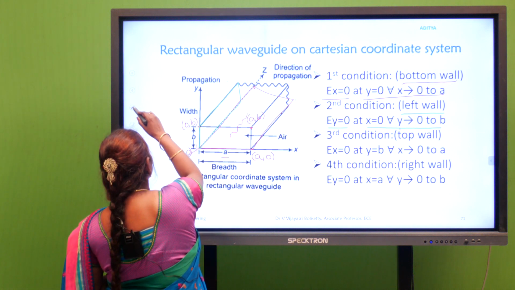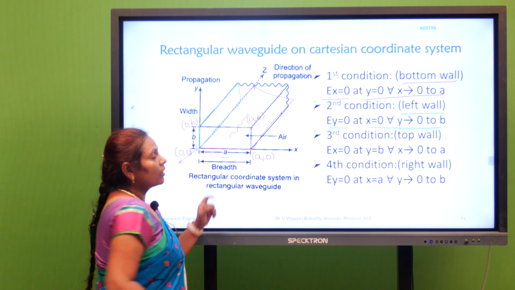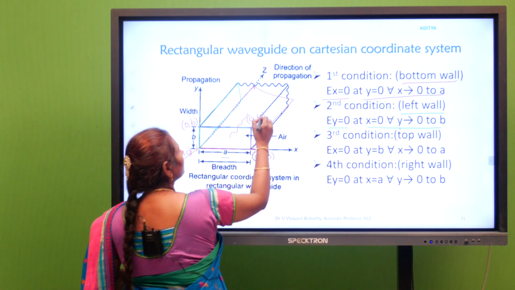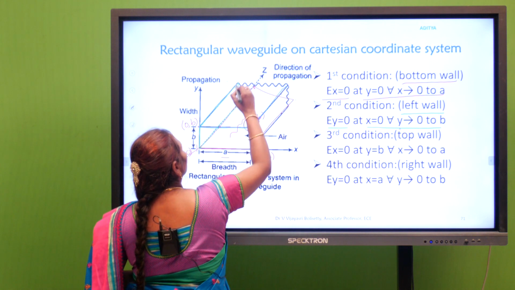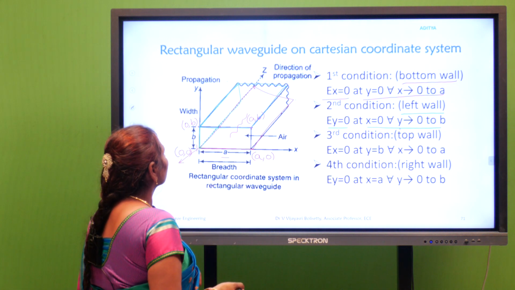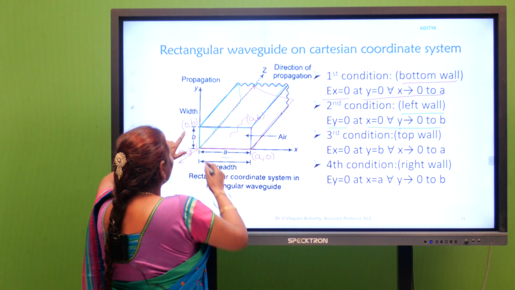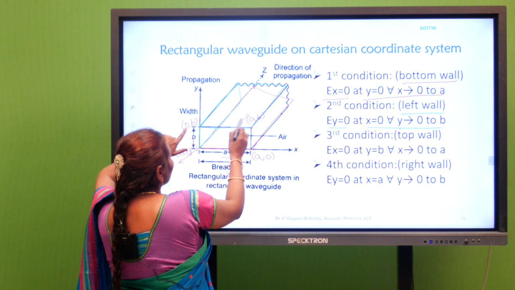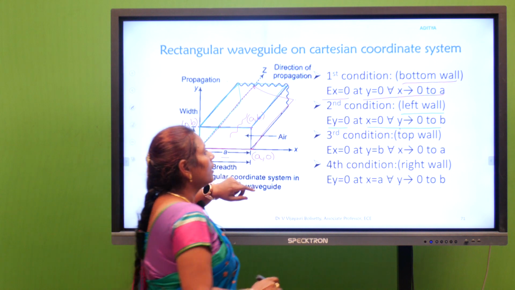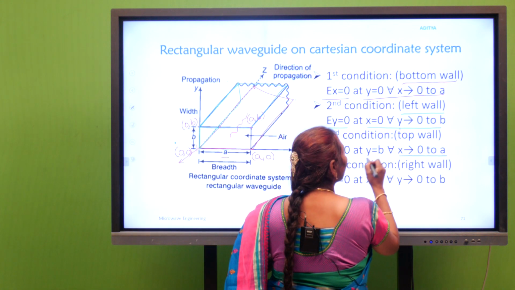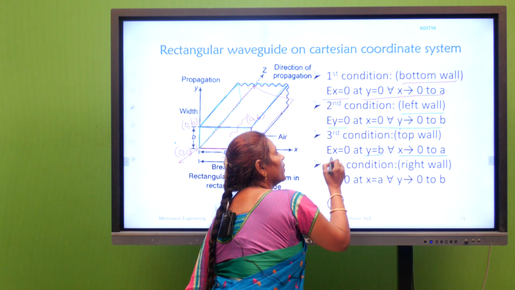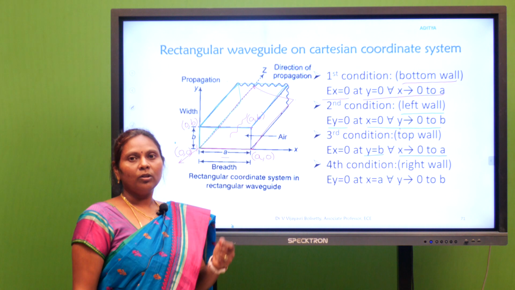Then let us consider the top surface. On this top surface, y remains constant at b, but x is a continuous variable changing from 0 to a. So as x is continuous, we make Ex equal to 0.